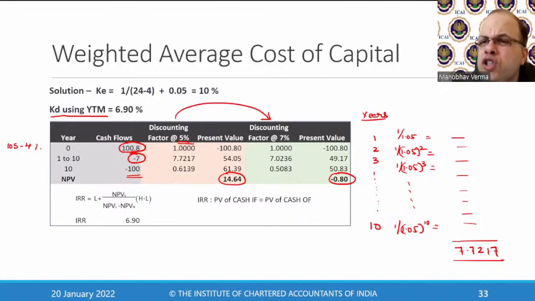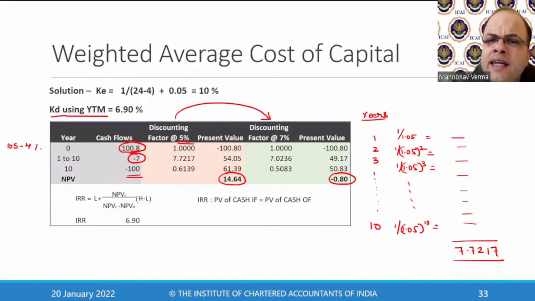That means my cost of debt is 6.9, guys. Guys, can you please confirm if this is now better? Last class we discussed one example for YTM, but this is again a repetition of another example, but this should make things clear. Let me know if you guys have any doubt.